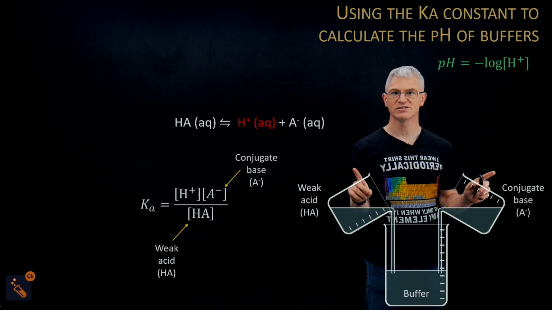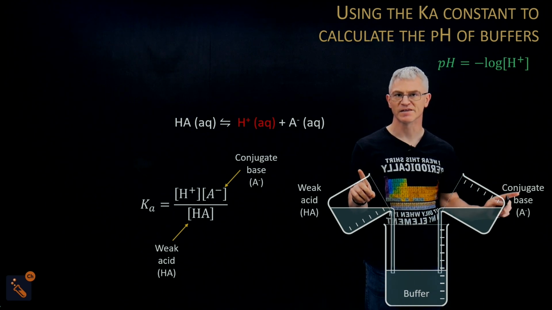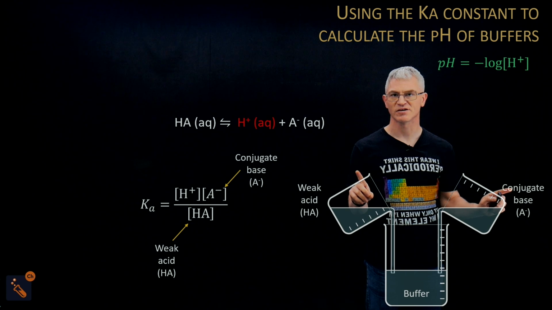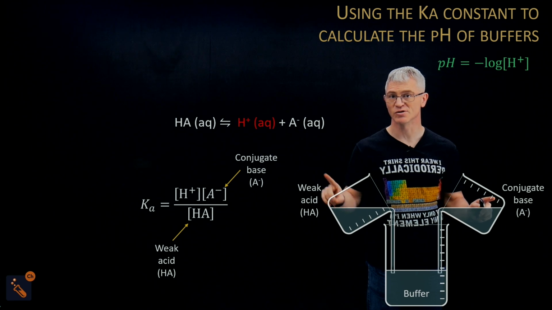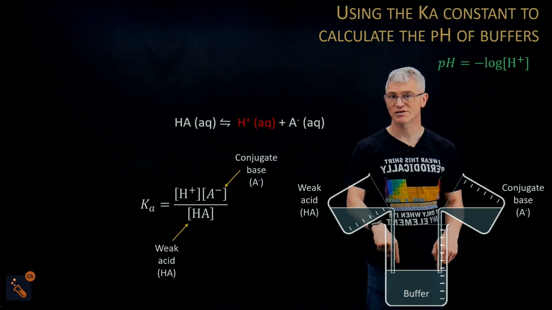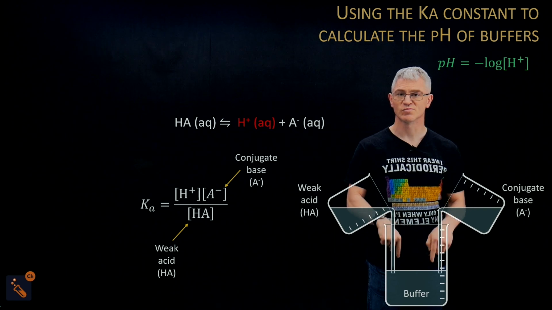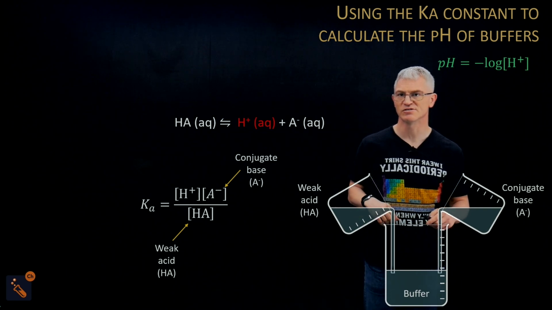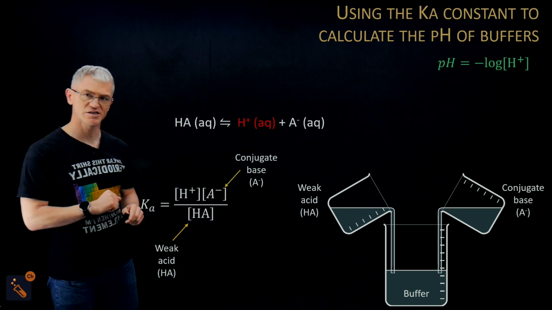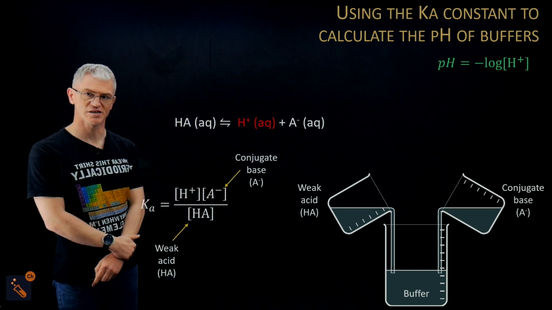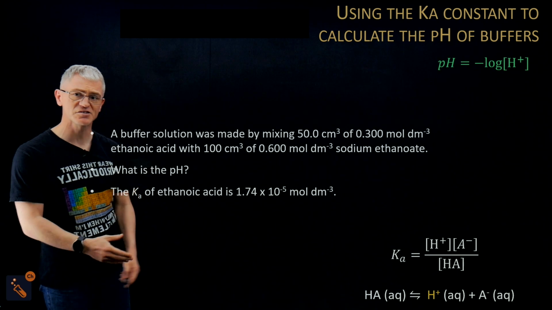Remember we're adding these two solutions. That is your A minus number of moles, so you can work out your number of moles of the conjugate base, and then this is the number of moles of your weak acid. And then we calculate new concentrations when we add it together to the buffer, but I'll show you how to do that later. But really important, A minus is your conjugate base that you're adding, and HA is your weak acid. Now let's go straight to a question.